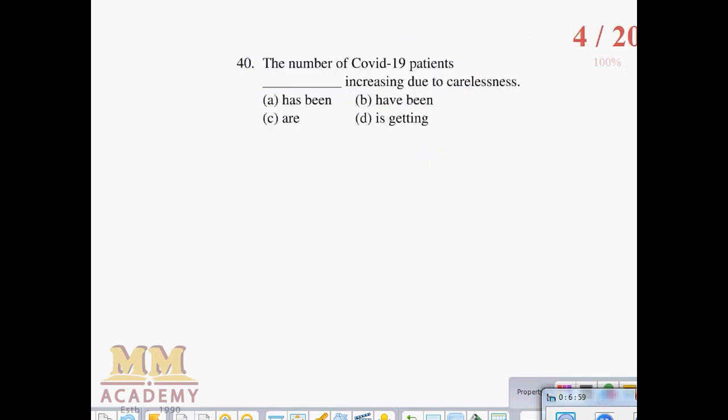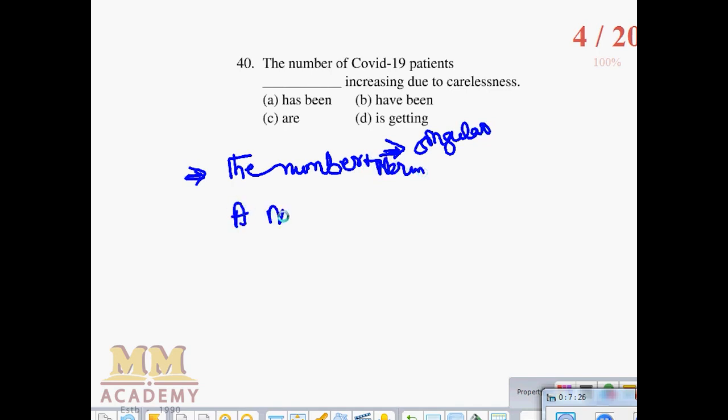The number of COVID-19 patients dash increasing due to carelessness. Okay. Whenever you get the number, after it the verb that you are going to use has to be singular, right? When you get the number and then noun, it's singular. But if you get a number and then noun, you have to use a plural verb, right?